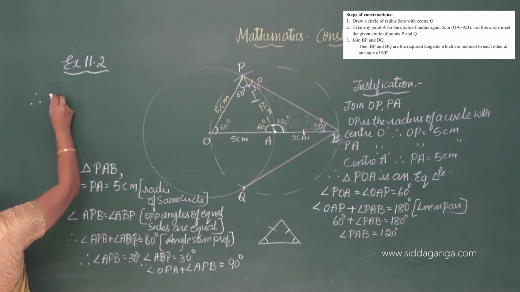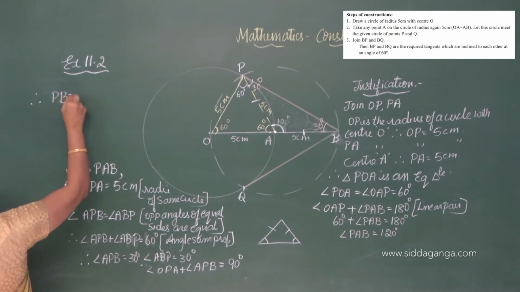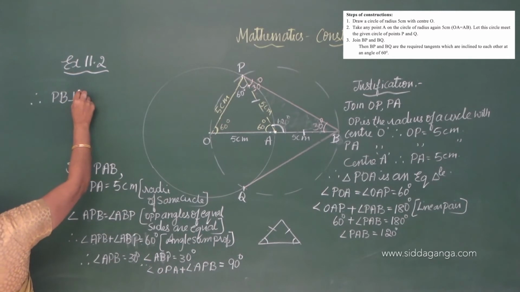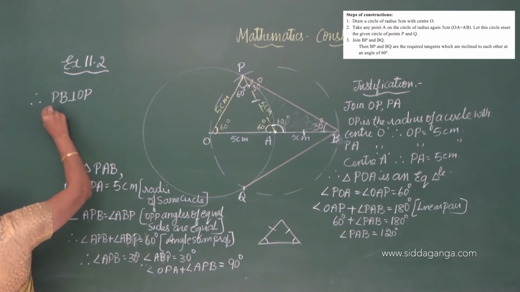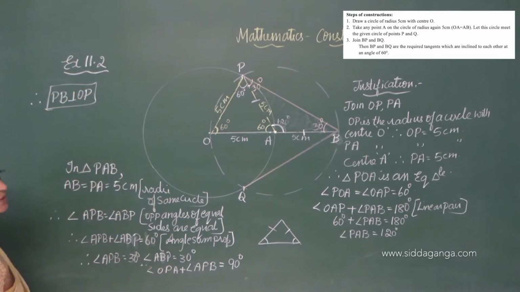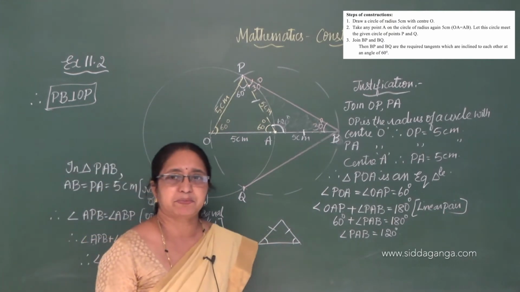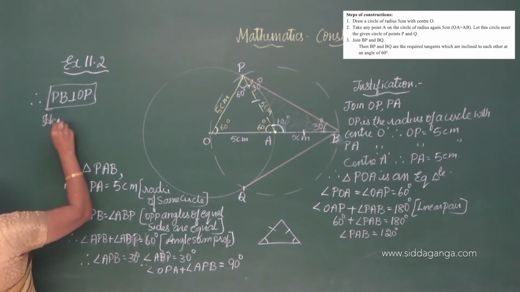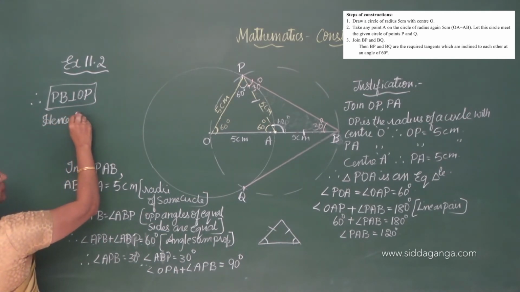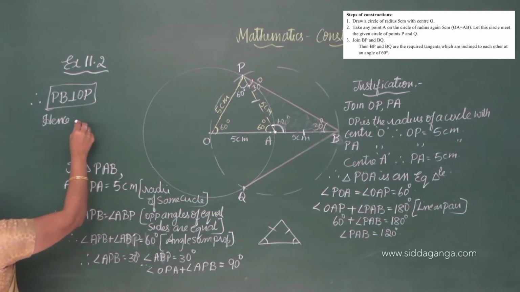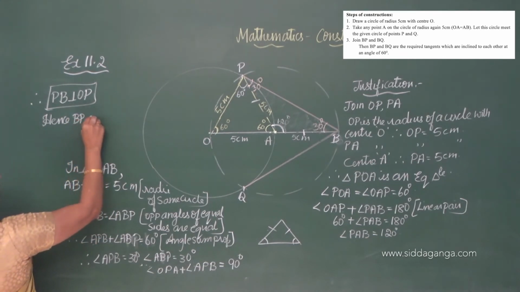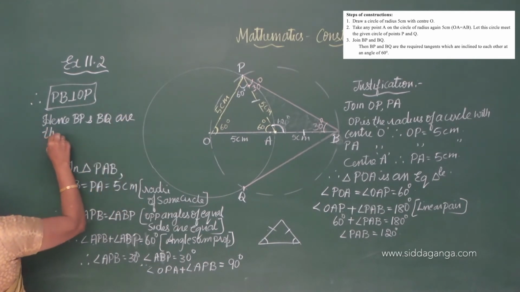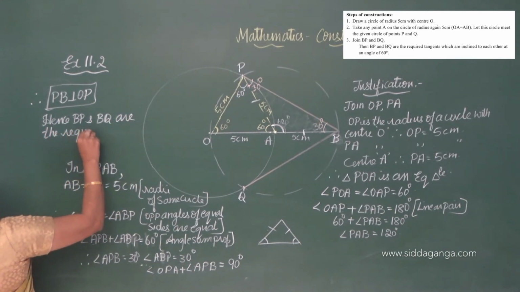Therefore, PB and OP are perpendicular. Perpendicular means, hence, what can you write? BP and BQ are the required tangents.